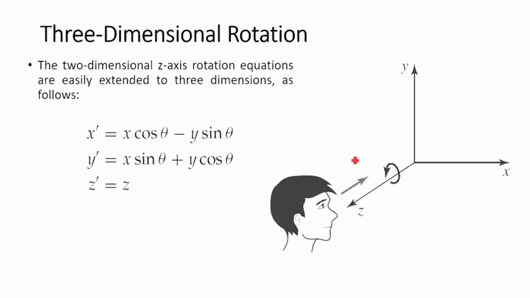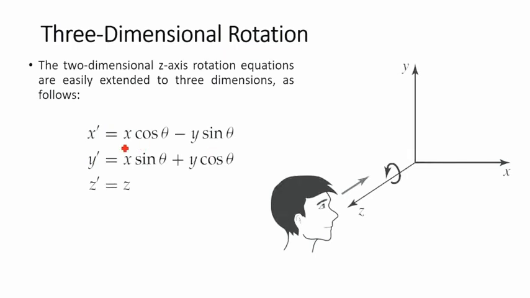Now, since I am changing only the x and y coordinate positions and keeping the z the same, this is similar to our two-dimensional rotation. The x value changes using this equation, the y value changes using this equation. These equations are the same as our 2D rotation equations, and the z value remains unchanged.